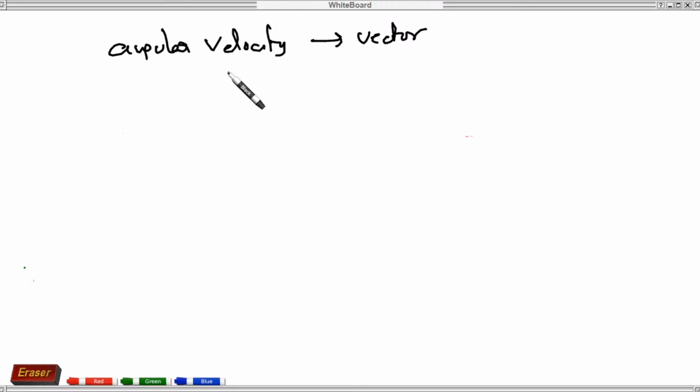As I told you, angular velocity is also a vector quantity, and angular acceleration is also a vector quantity.